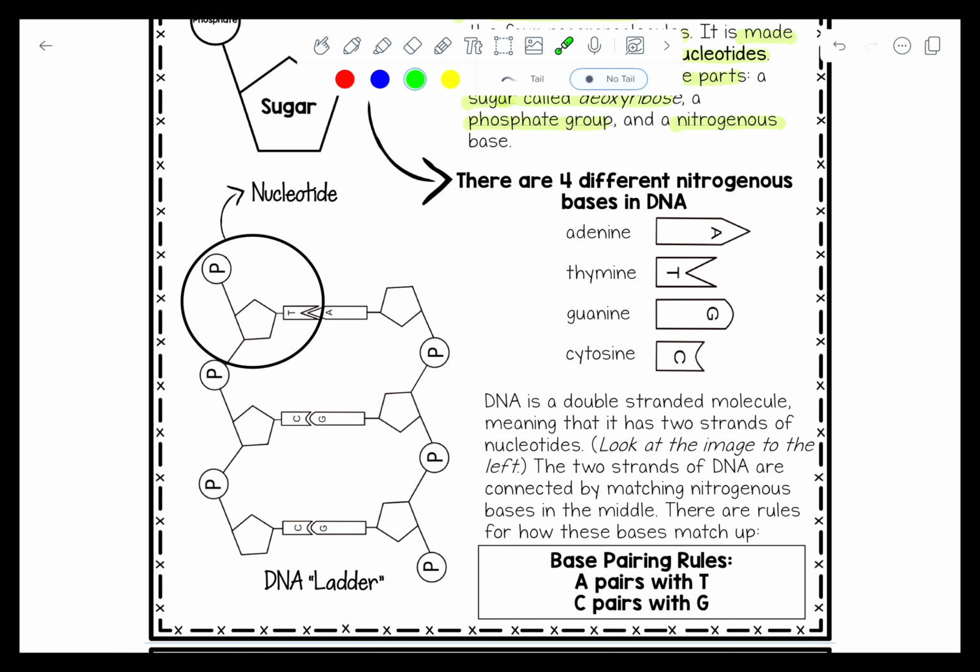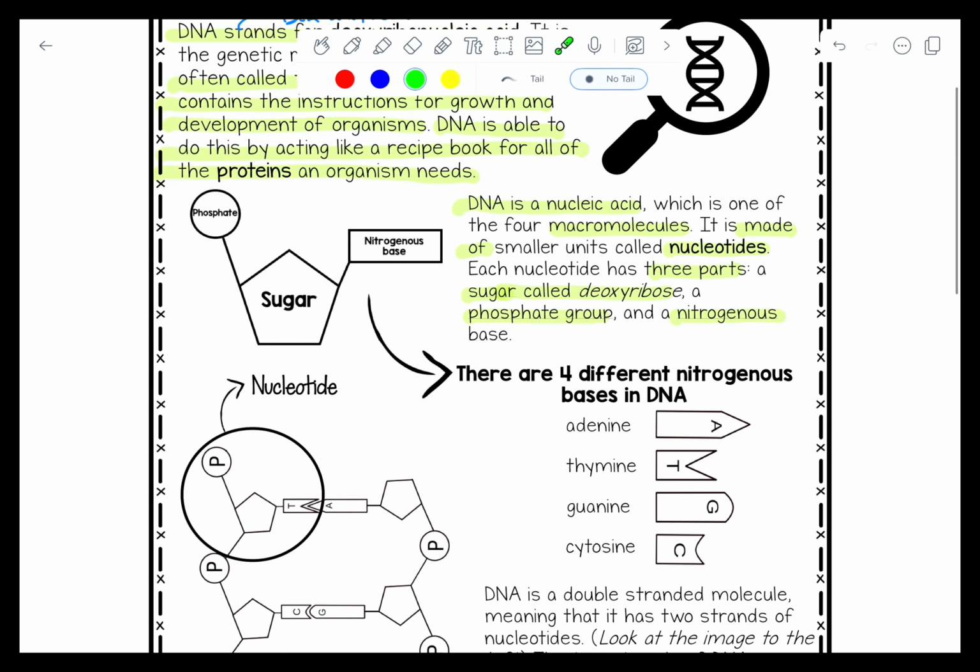In other words, adenine always pairs with thymine, and guanine always pairs with cytosine. So that's something to keep in mind. Now, when you're looking at these, you can see right here's our sugar. There's our nitrogenous base right here. And here's our phosphate group right here.